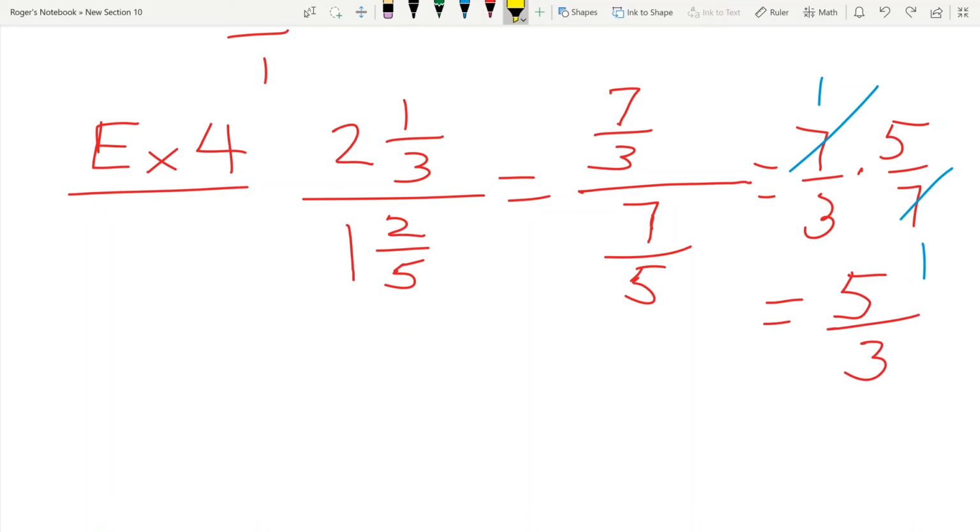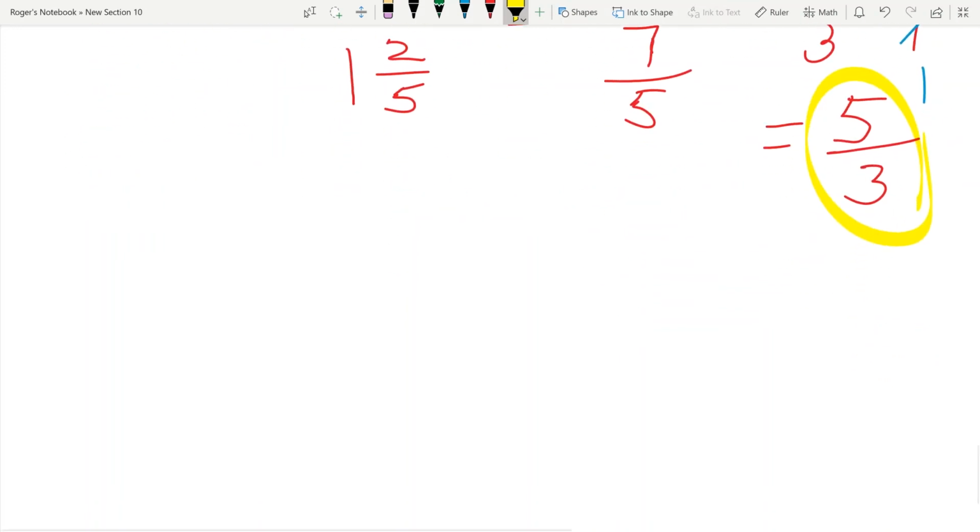Or, because they started by giving us improper fractions, we could do the same thing here. We could say, well, this is equal to 3 into 5 goes 1 time, and how much remaining? It goes 1 time and 2/3, right?